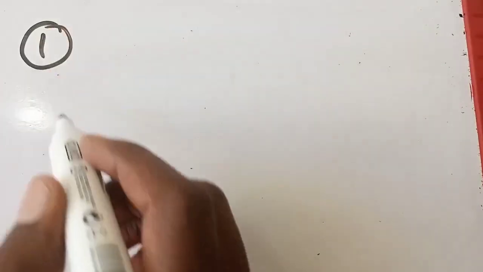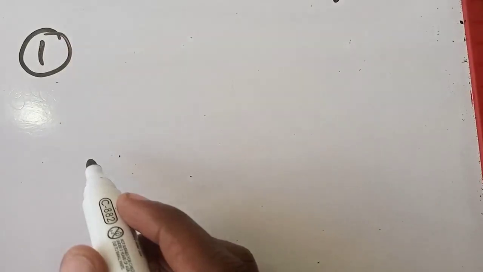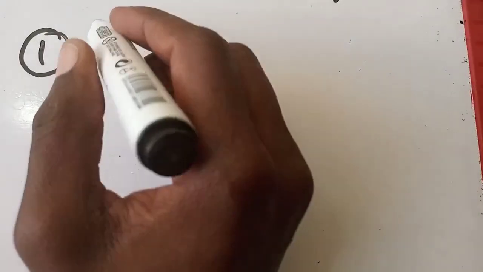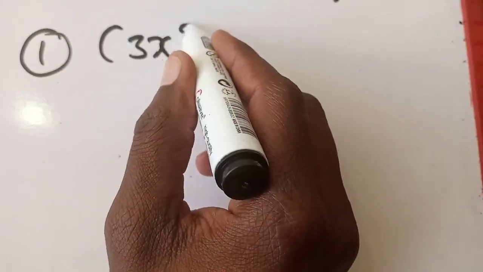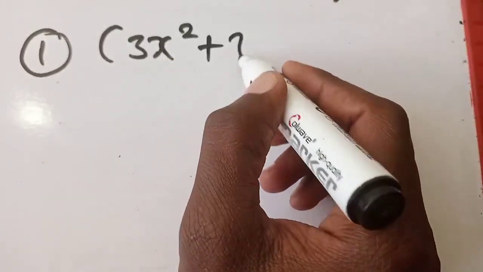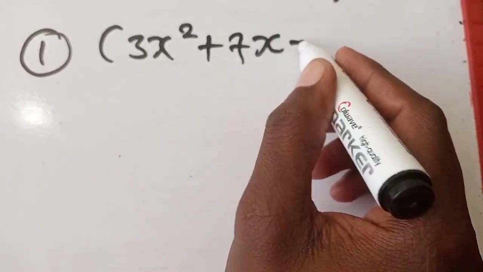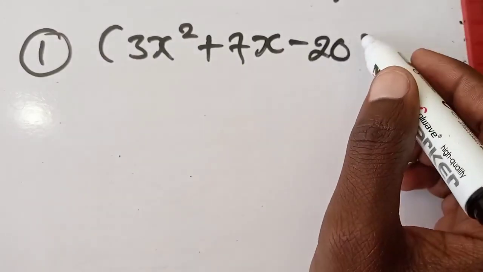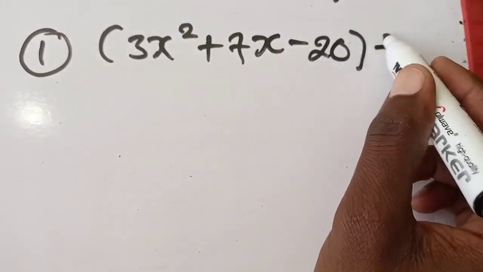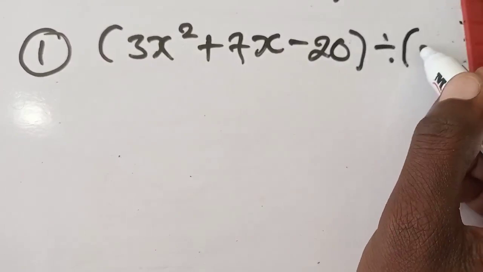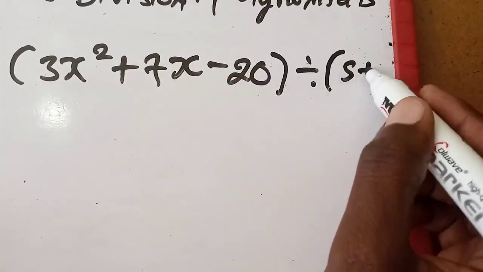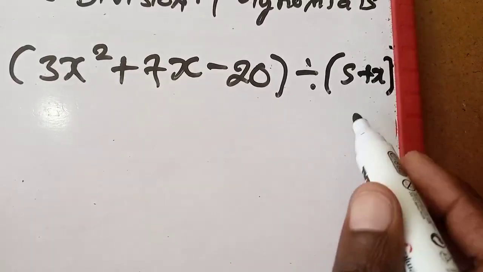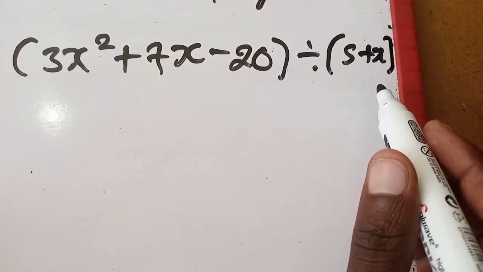So question 1, you will have this polynomial 3x to the power 2 plus 7x minus 20, like that, divided by 5 plus x.